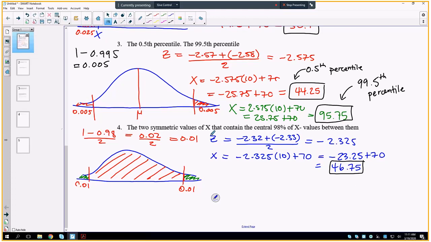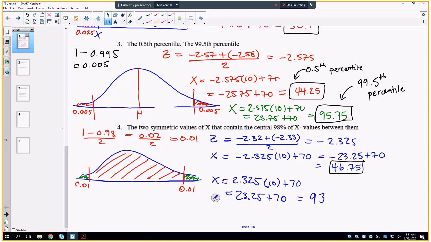And from the last problem, I know that using the symmetry of this table, I can do 2.325 times 10 plus 70, that gives me 23.25 plus 70, which is 93.25.